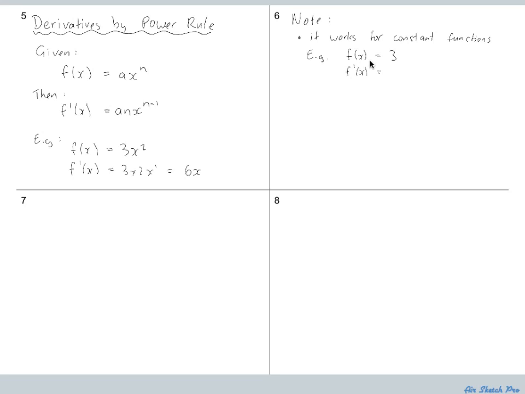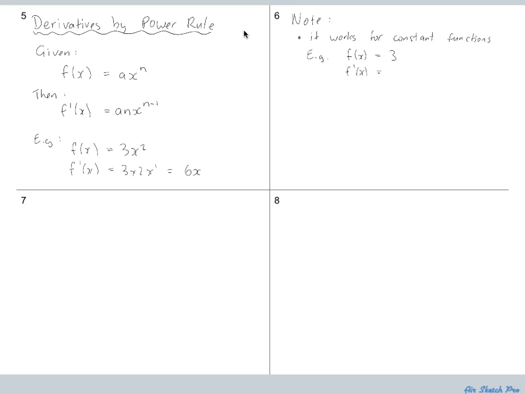I'll give you a second to think about it. If f of x equals 3, using the power rule, what does f dash of x equal? I'm going to ask for an answer, then I'm going to ask for an explanation, and then I'll briefly write that explanation down. Oscar, I'll pick on you.